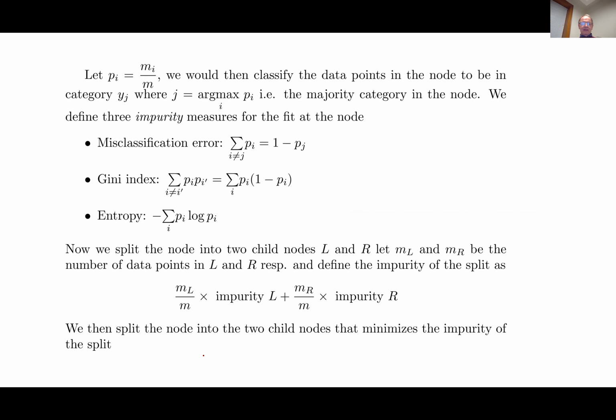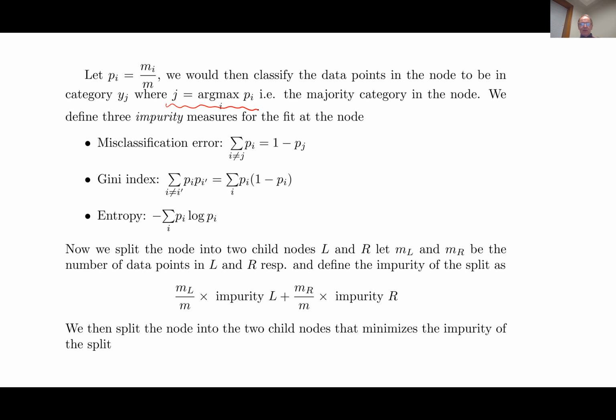We can look at the most common category that occurs, the category with the largest of these frequencies, the largest of these Pi. We can then define an impurity measure for this node.